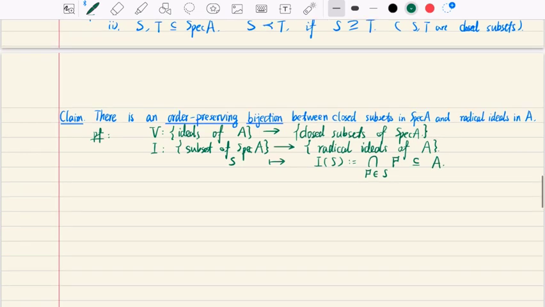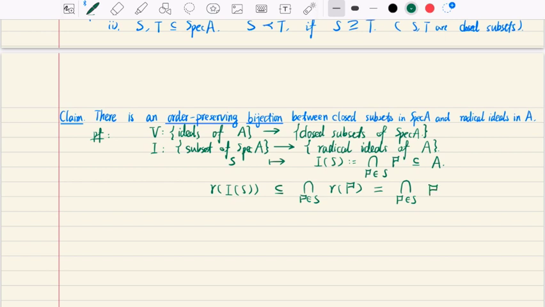And one can easily see that the radical of this ideal must be contained in the intersection of the radical of each P inside S. But the radical of a prime ideal must equal the prime ideal itself.